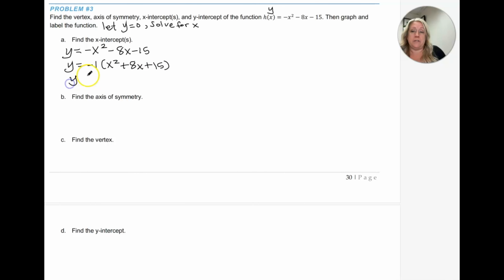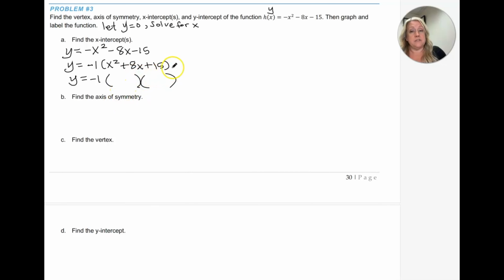And now we want to factor that trinomial. And the reason why I factored out that negative 1, it makes it a lot easier to factor this if our leading term is positive. So if you ever have a negative there, factor it out first and it'll make the rest of the factoring a lot easier.